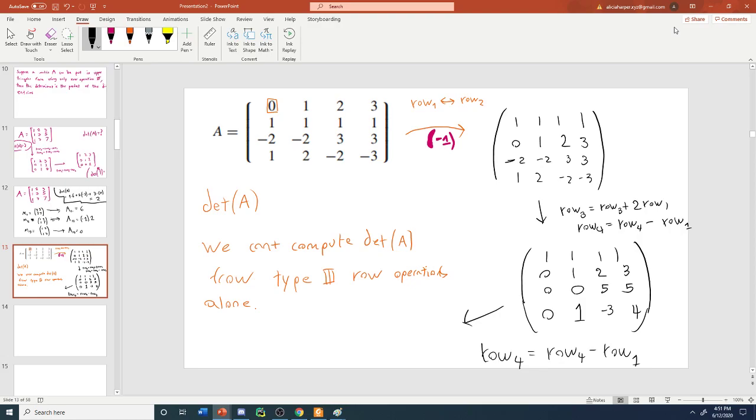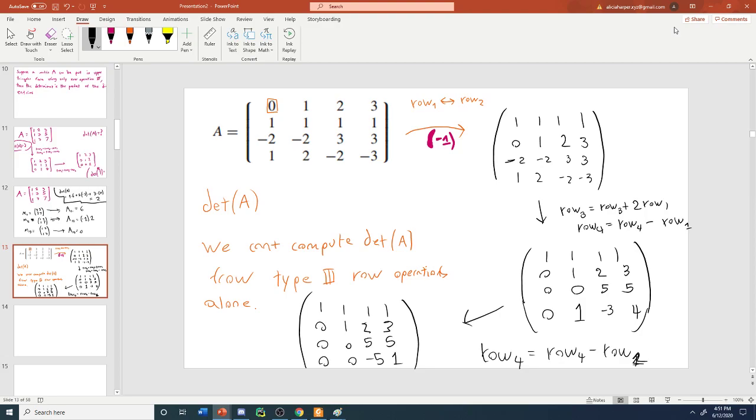And if I do that, I'll get 1, 1, 1, 1, 0, 1, 2, 3, 0, 0, 5, 5, and then 0, 0, -5, and then I'm subtracting 3 from 4, so I'll just have a 1.